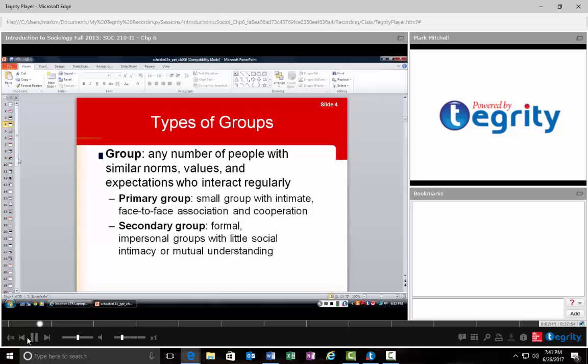And then a secondary group generally might be a little larger. In some cases it may not be, but the relationships are changing. So think of people that you work with. They certainly can be close to you, but I would think on average most of them fall into a secondary group. Or think of if you've ever been on a committee or volunteered some time to a cause that you thought was worthy. Why are you there together?